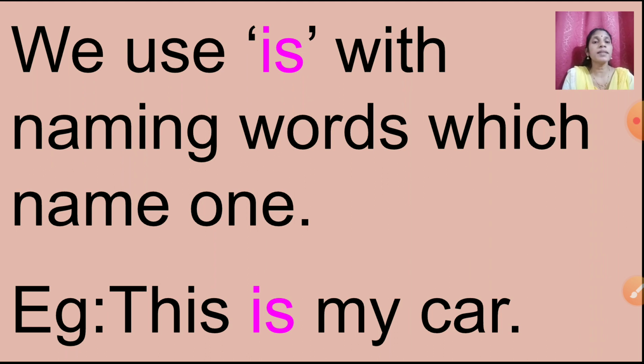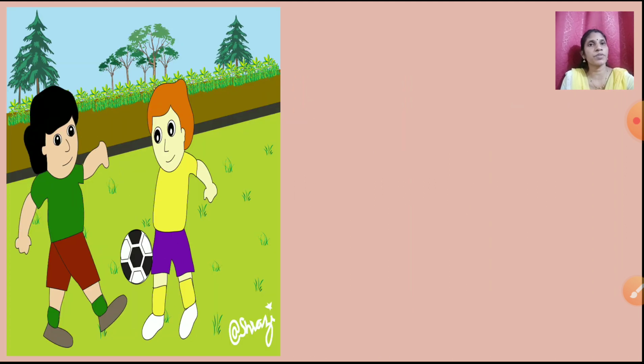For example, this is my car. Here you can see we are talking about only one car. So that time we are supposed to use is. Okay? Now let us go to the next one.